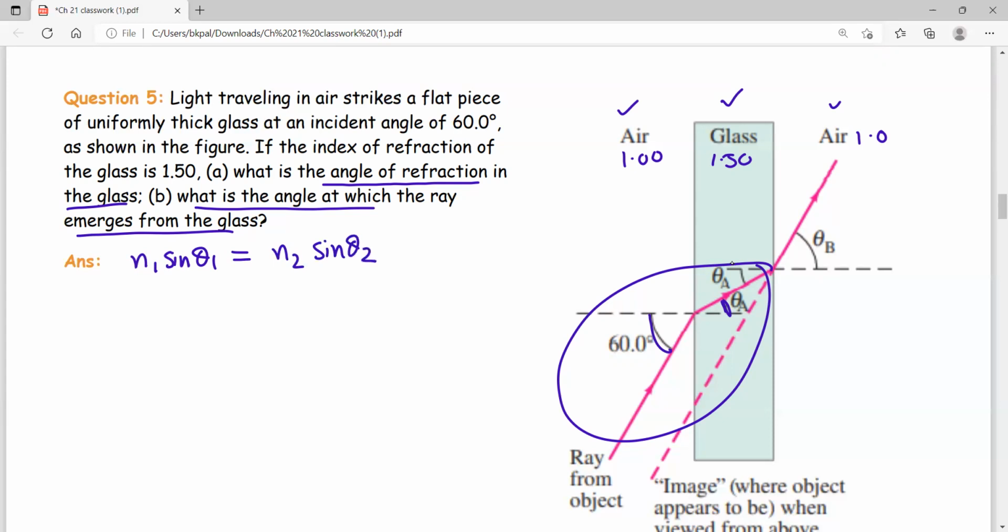We know theta 1 is 60 degree and theta 2 is theta A, which I want to know. So let me solve it for sine theta 2. Sine theta 2 is equal to n1 divided by n2 times sine theta 1. So n1 is 1, n2 is 1.5, sine 60 degree.